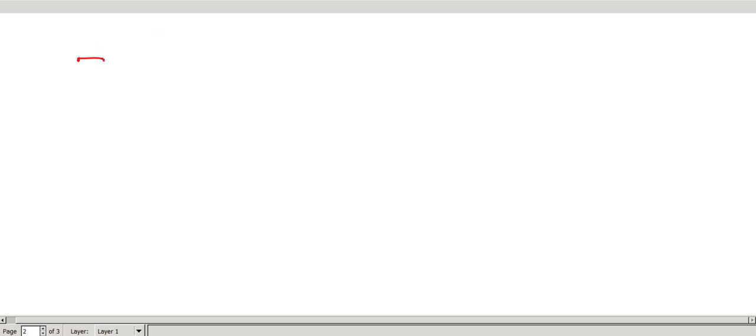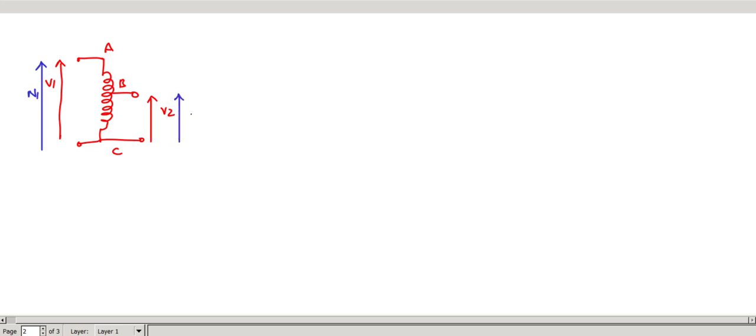Before solving this, let me give you some idea. Whether this is a step up auto transformer or a step down auto transformer, this is the voltage V1 and you have voltage V2, with points A, B, C, and here you have N1 turns, here N2 turns.